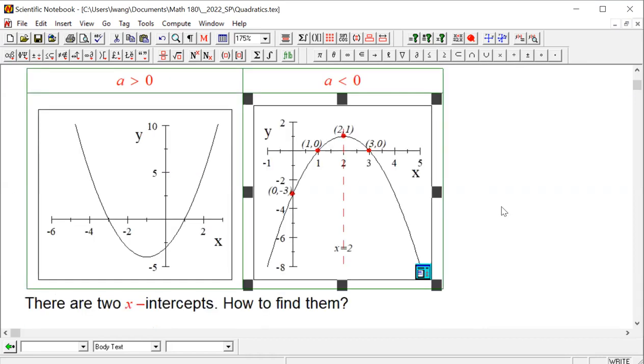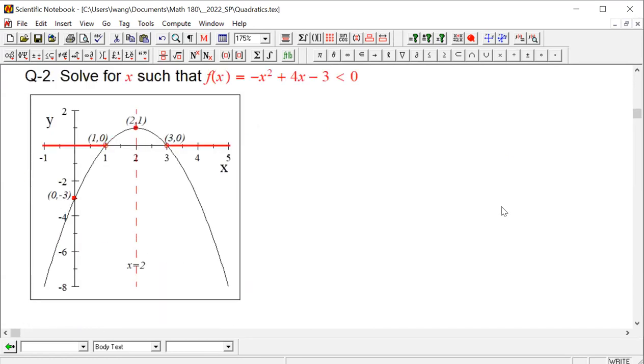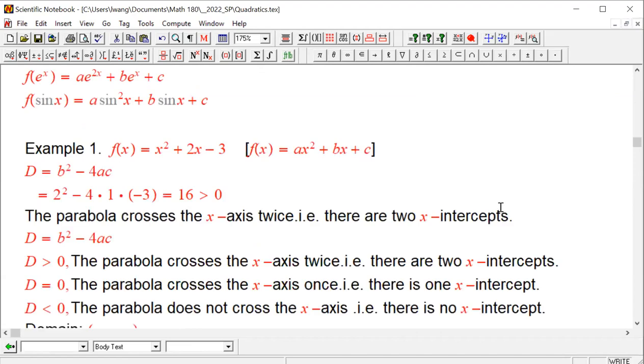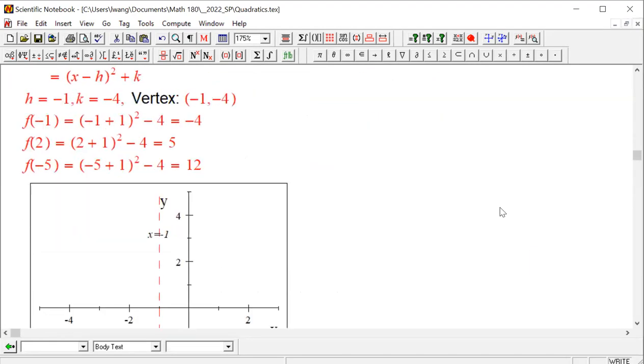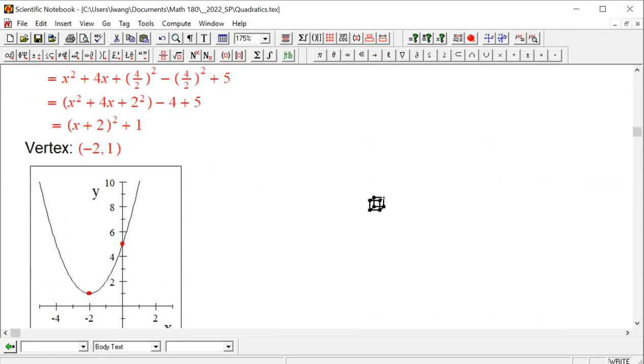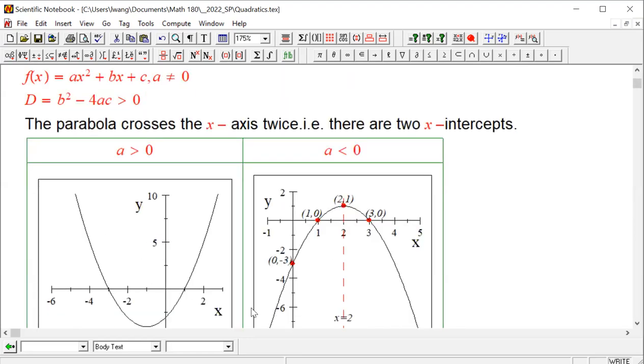We have opened up, right? We certainly do, we have the case of opening up across the x-axis. And here we go, this is the one I'm looking for. We saw those cases before.